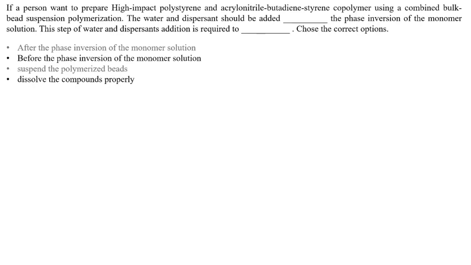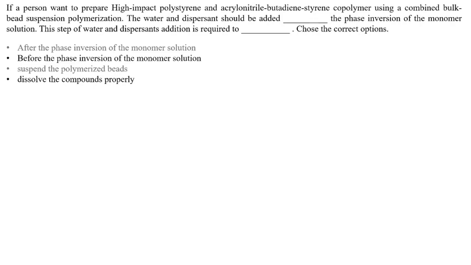For the second blank, in the final stage, water and dispersants are added to the system and the polymerization is completed. Why water and dispersants are added is that dispersants will suspend the polymerization. We have to separate them out, since smooth beads are formed after the polymerization process.